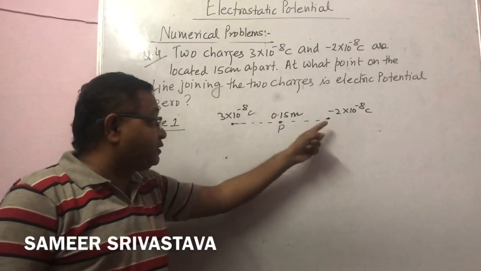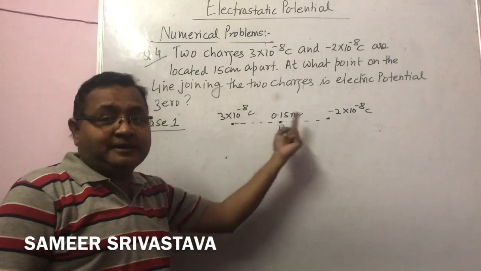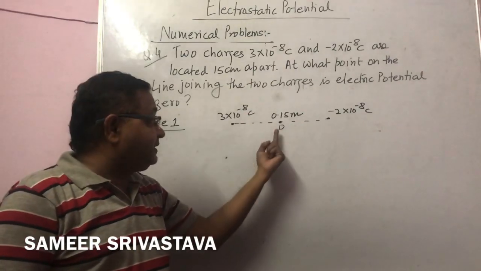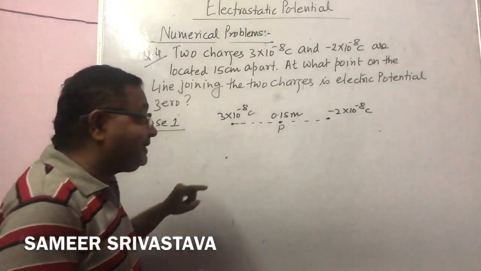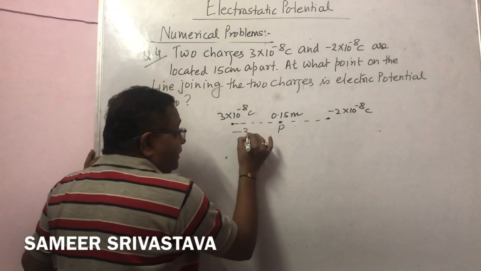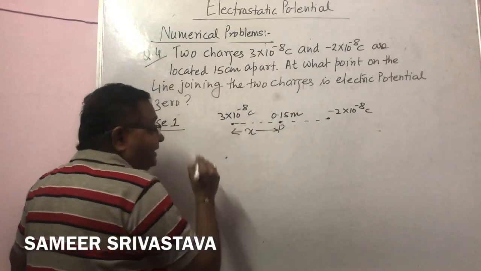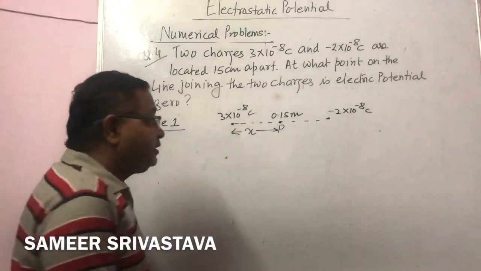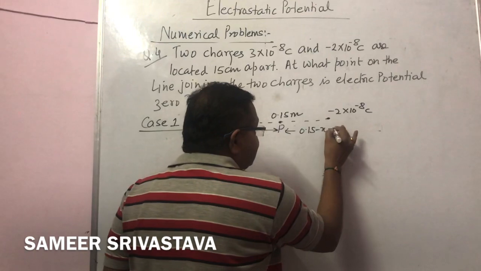Let that point be P. The distance of this point from the charge 3 into 10 to the power minus 8 is x. So the remaining distance is 0.15 minus x.